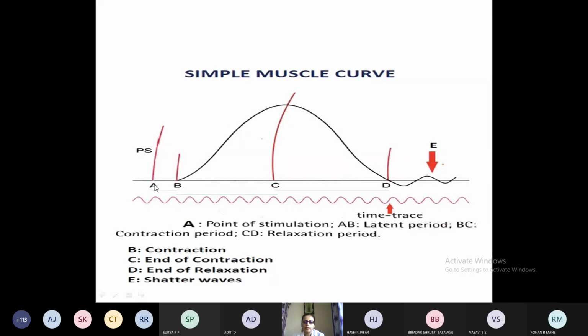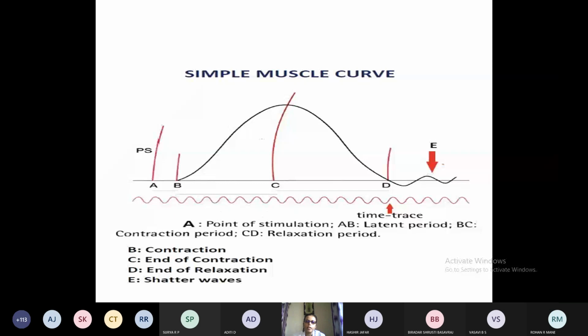Now, with a little gap, the other point is point B. The distance between A and B is called the latent period. The A-B segment altogether forms the latent period. The latent period is nothing but an inactive phase, or it is also called a preparatory phase.